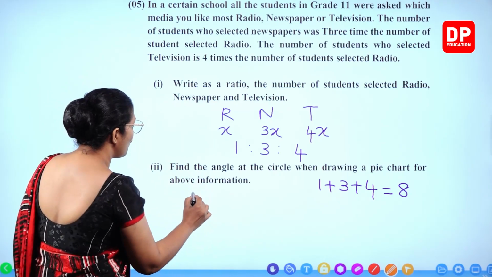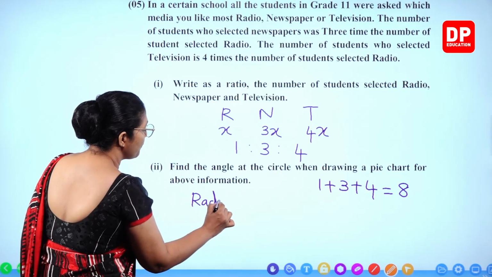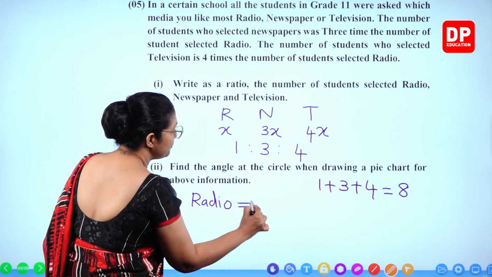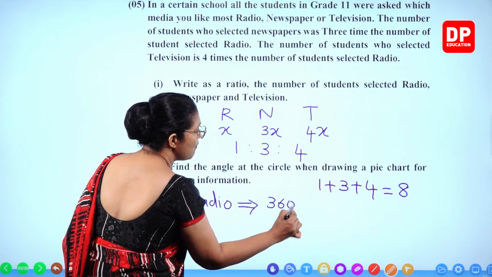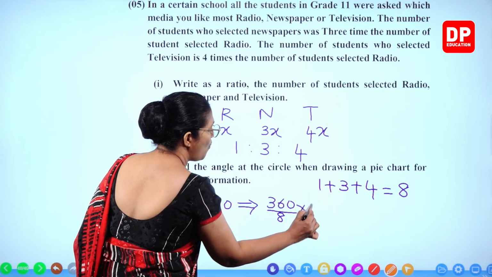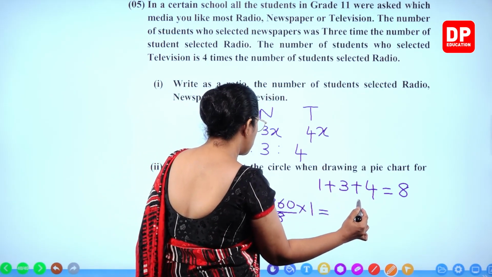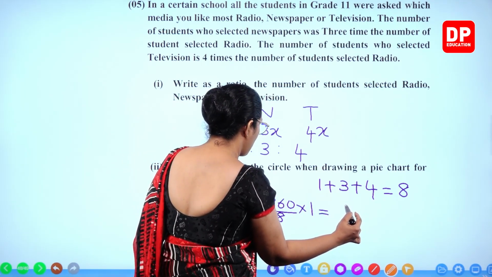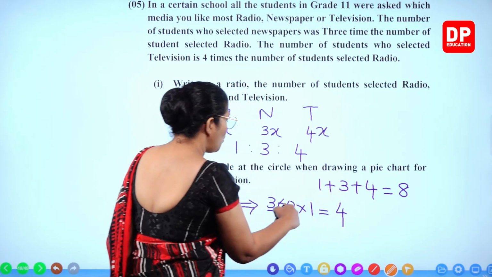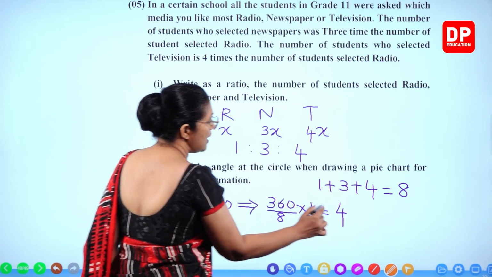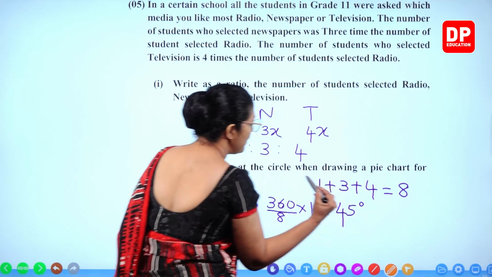Then what about the radio? That's 360 divided by 8 and multiplied by 1. So 8 times 4 is 32, and 8 times 5 is 40. So that's 45 degrees.